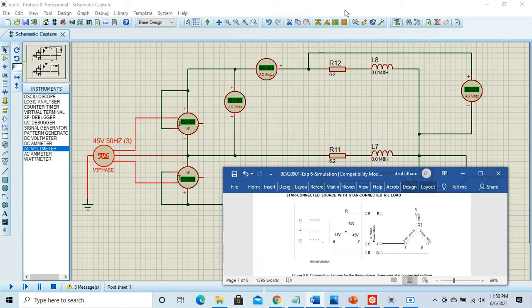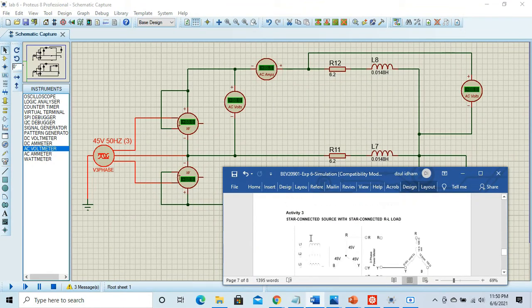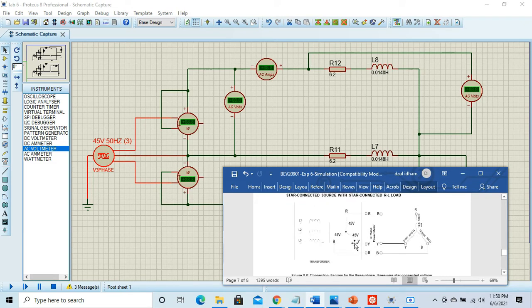Now we go to activity 3, which is the last activity. It needs a star-connected source and a star-connected load, where we use an R and L load, which is a resistor and an inductor.